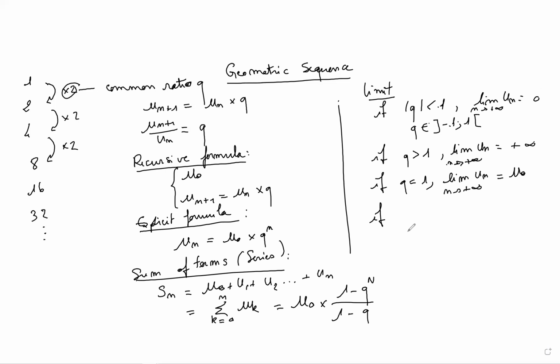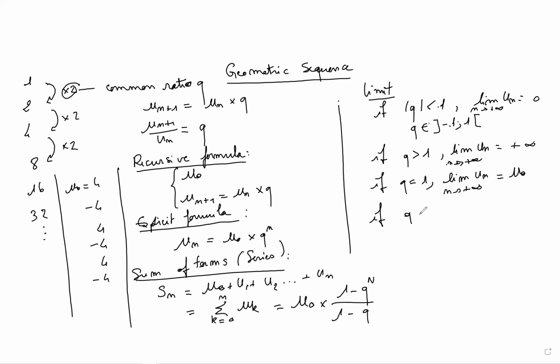And then if Q is equal to -1, something interesting happens. For example, if your first term is 4, then you multiply by -1, you get -4, and then by -1 you get 4, and then -4, then 4, then -4. So this sequence diverges, right?